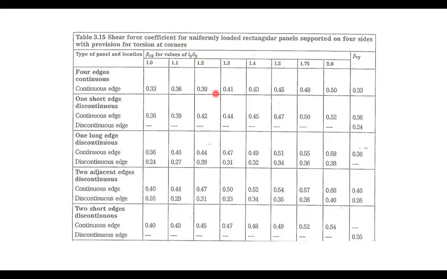You can go here and you get only one value directly, because this is not a negative moment and positive moment. It is only a shear, and the shear will be close to the edges, and the value here you get in the short direction, and this is the value in the long direction. Okay. You have sometimes cases when you have continuous edge or discontinuous edge, and values in case of continuous or discontinuous also.